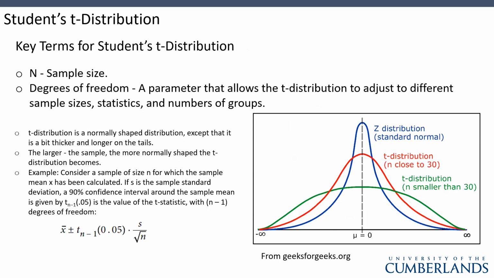The student T distribution, these are some of the key terms. N, that is your sample size. The degree of freedom is a parameter that allows the T distribution to adjust to different sample sizes, statistics, and numbers of groups.